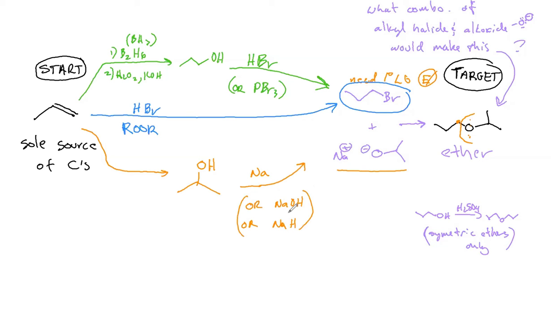Some fancy ways to do it in lab, but if you just put NaOH here, that's fine. From the alcohol, we deprotonate the alcohol or take that hydrogen away. How do we do the Markovnikov addition of water across an alkene? This is where we use water and sulfuric acid.